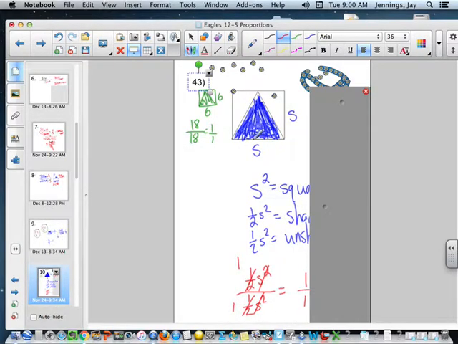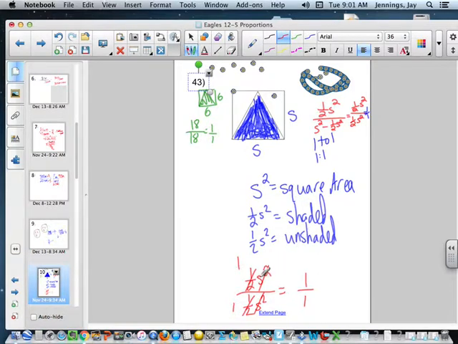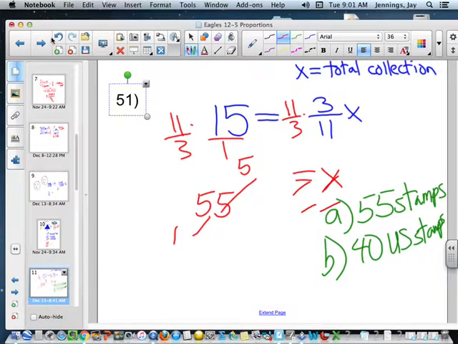And so that would be side times 1/2. If the whole area is side times side or side squared, and the shaded is 1/2, then the unshaded is 1/2. So the ratio of shaded to unshaded is going to be 1 to 1 because they're the same.